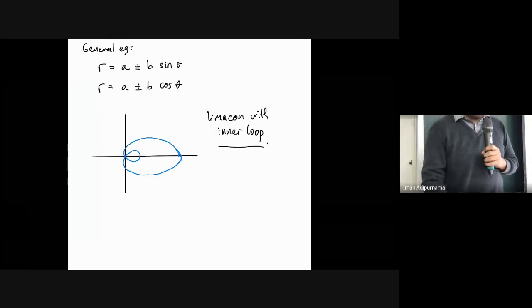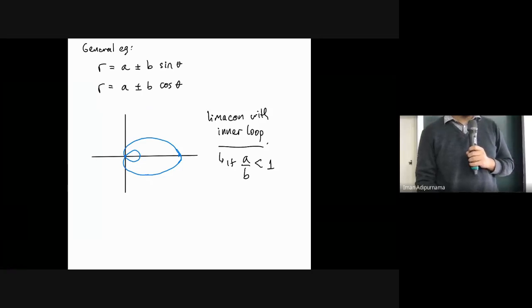Limaçon with inner loop will occur if A over B is less than 1.